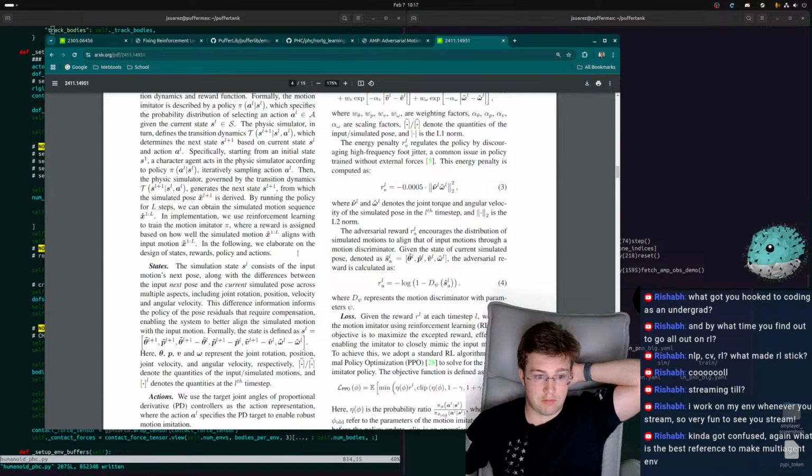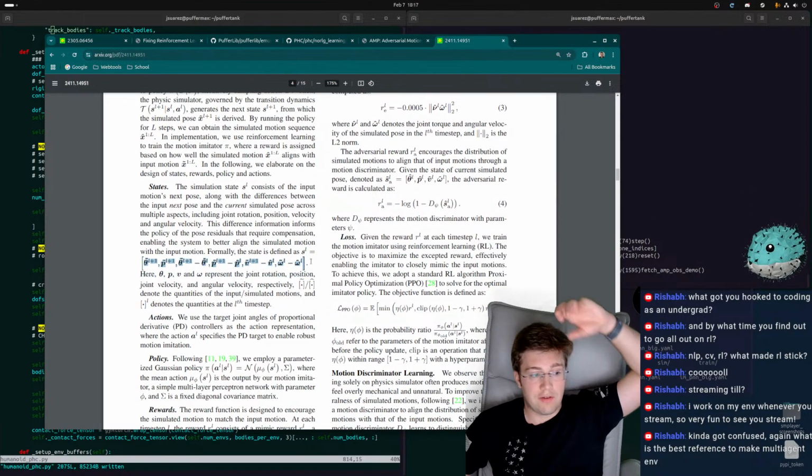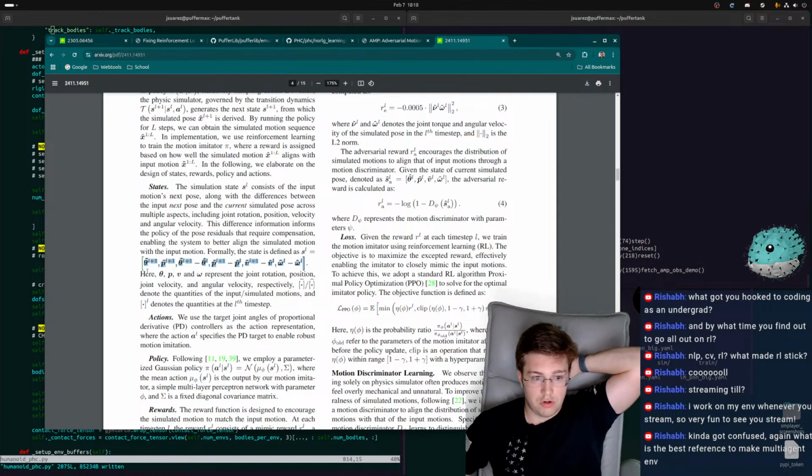Because here's the thing, right? We are already loading the data in the environment without having to call this stupid task function from the trainer. We're already loading the data in the environment in order to compute the state, right? Because the state here, we have the difference between the demo and the simulated state, right?